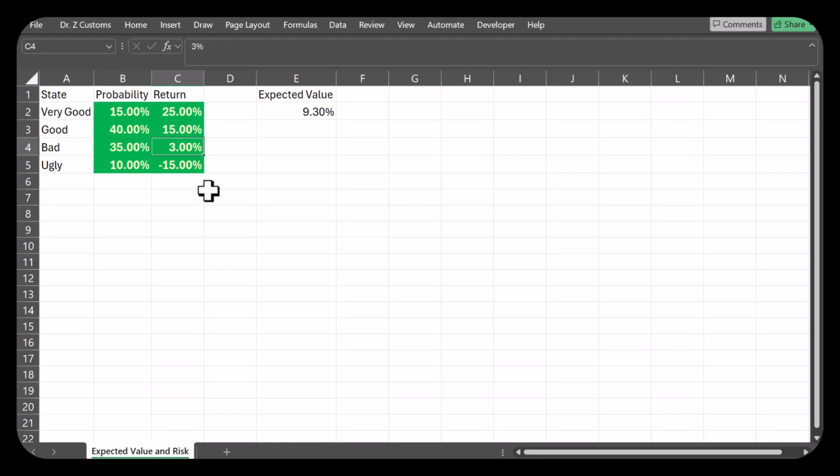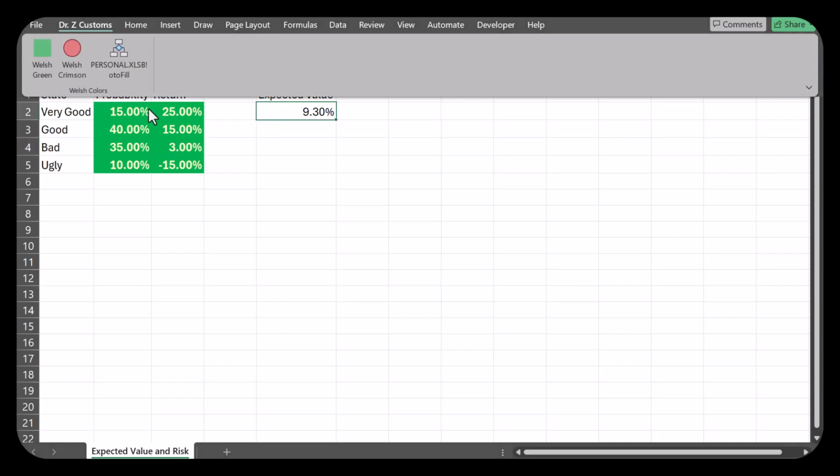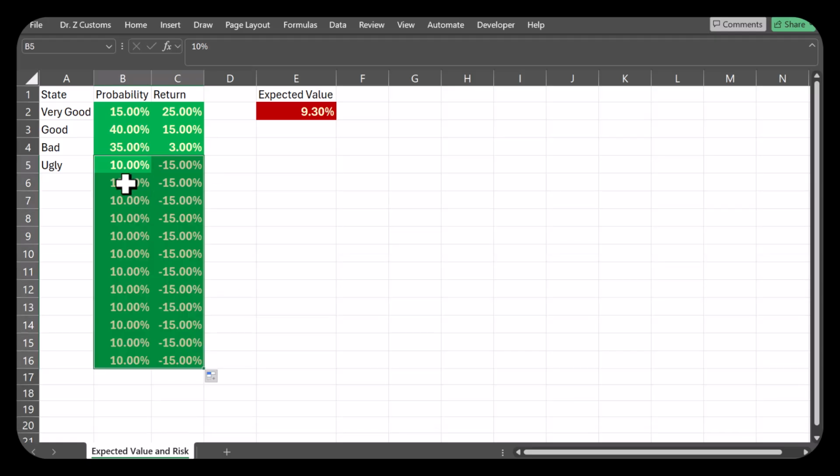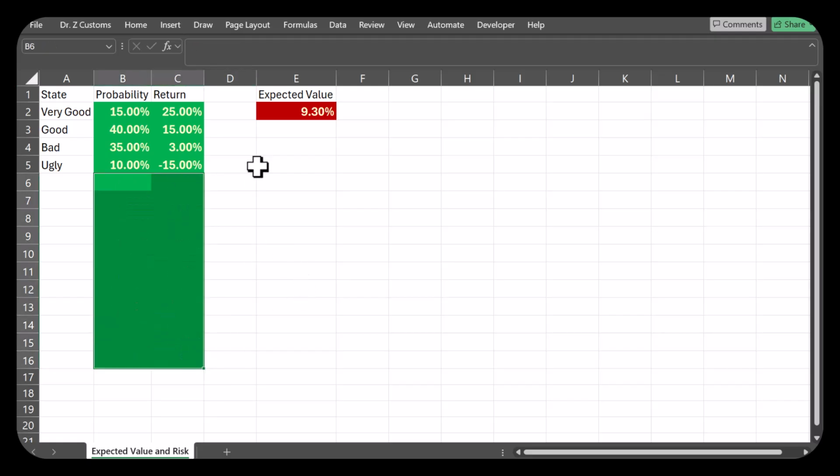If you have more states, all you have to do is extend this, or for fewer states, just make the probability of the other ones zeros. So I can actually extend this to a few more states, and I'm going to make this all zeros, or blanks, doesn't matter. So let's extend it until 16.